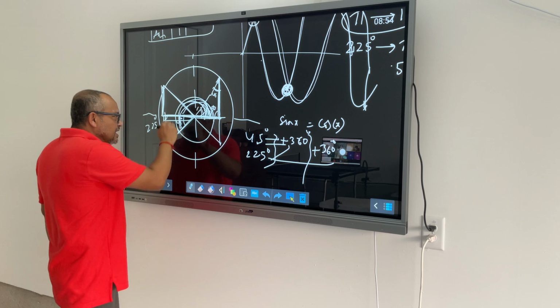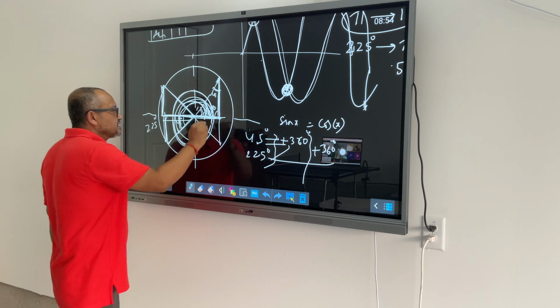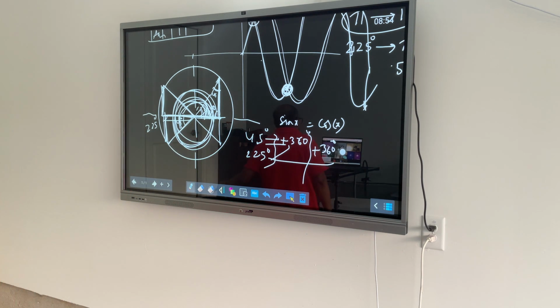So keep adding 360 to it. One more time 360, one more time 360, one more time 360, and you can keep going in a loop depending on how many values you have to find. So Ansika gave me two clues. I'm saying that you can add multiples of 360 and you will have as many numbers as you can think of.